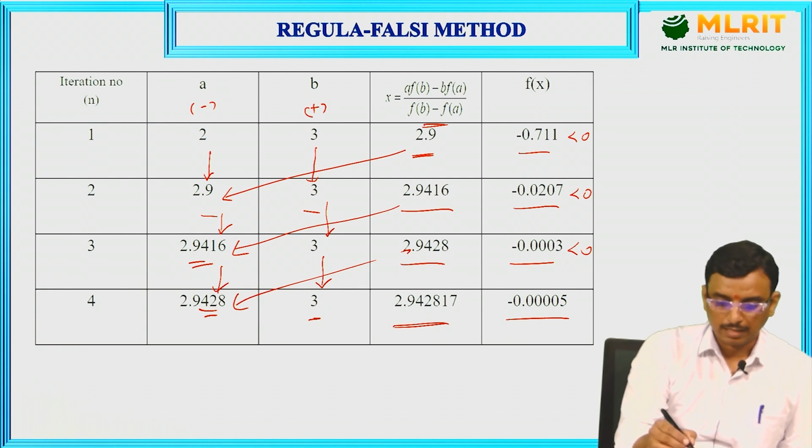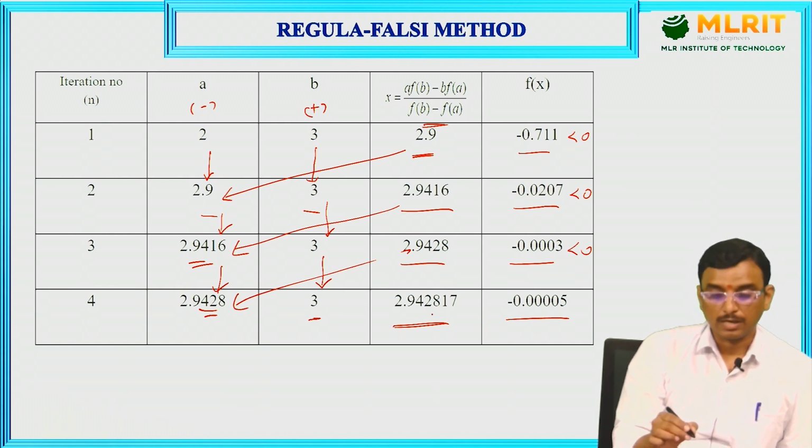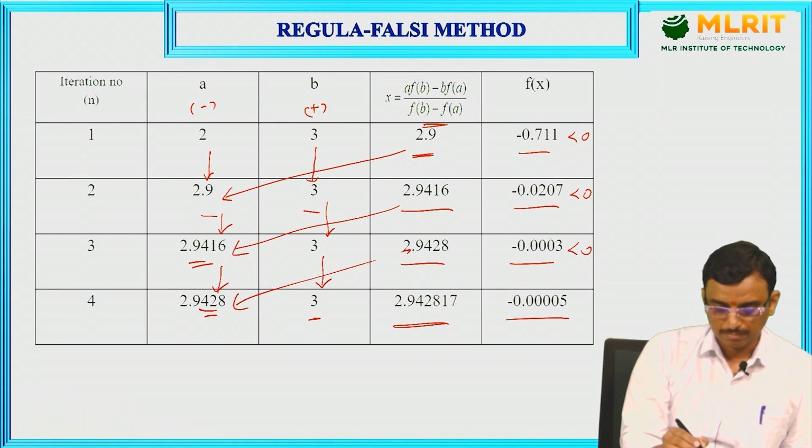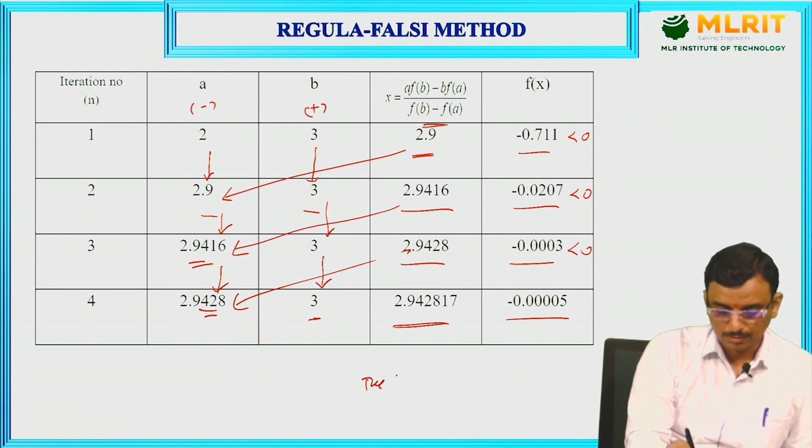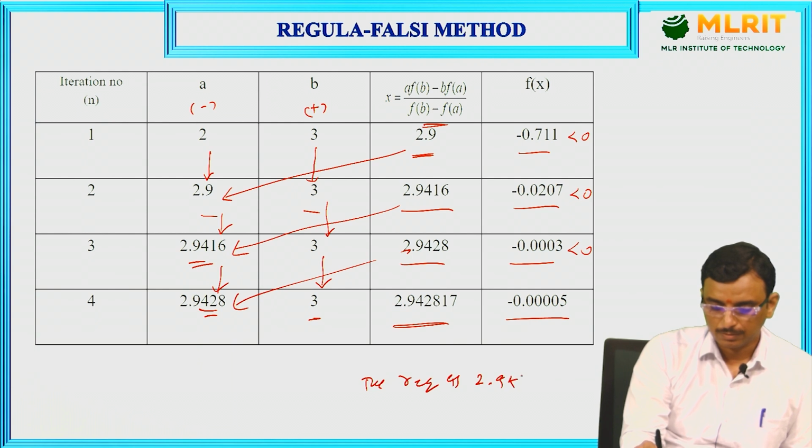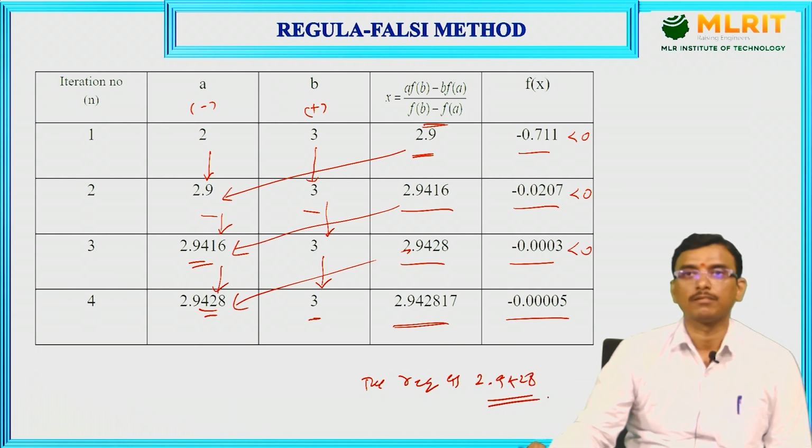So we can stop the process here because we got the root up to 4 decimal places. 2.9428 and 2.9428 are the same, two consecutive roots are the same, then we can stop the process. So the required root is 2.9428.